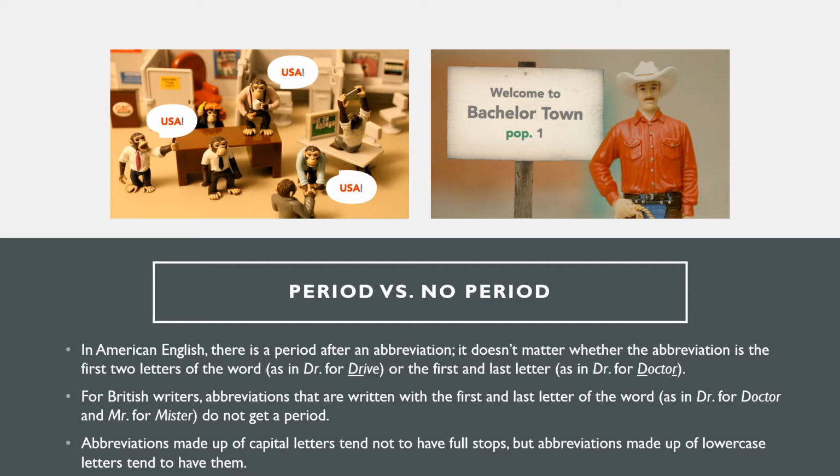So when you're talking about time, like 3 p.m., if you're using capital letters for PM, you do not need periods in between. If you're using lowercase for your P and your M, you do need periods in between.